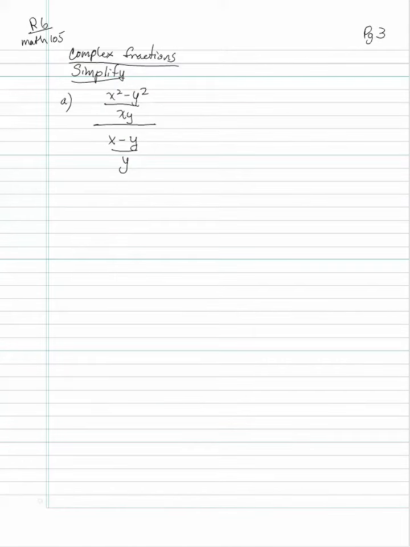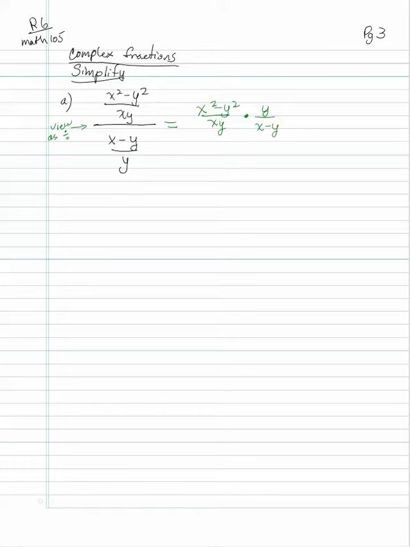Okay, so to simplify a complex fraction, there's two techniques. One of them is you view that big fraction bar in the middle as the division symbol, and to divide, we just take the numerator, x squared minus y squared, divided by xy, and then we're going to change the division to times. So the big fraction bar in the middle is division, and then we take the fraction in the denominator and flip it over, because we're going to multiply by the reciprocal.